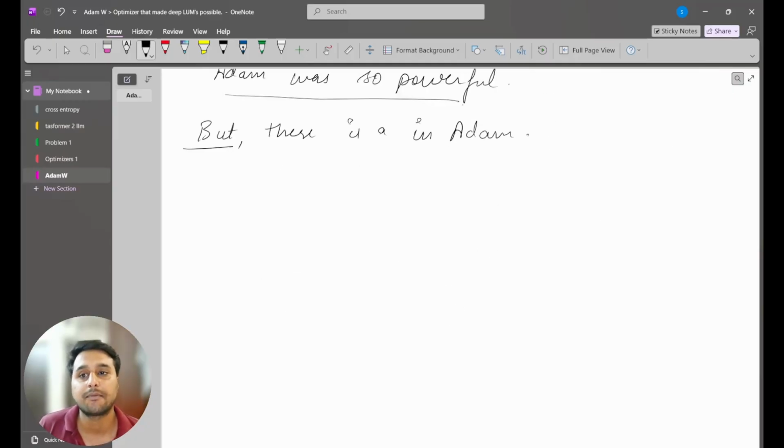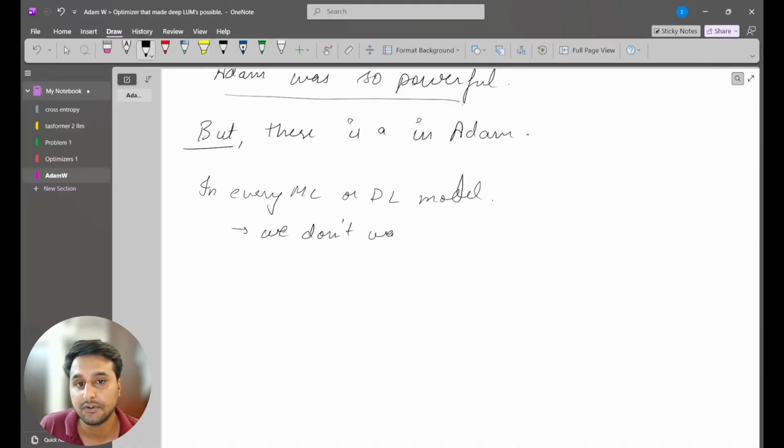Before explaining the flaw in Adam, I want you to recall one thing from machine learning: in every ML or deep learning model, we don't want just to reach the global minimum, just to reach minimum loss.